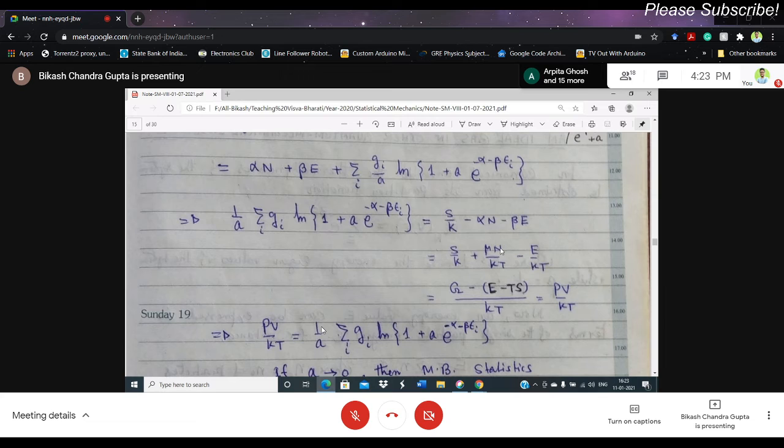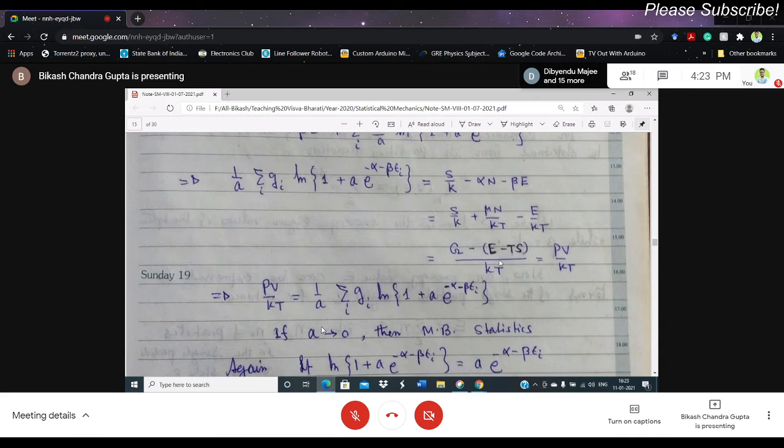And G is mu N, you know that, so this gives G minus E minus TS, and this is nothing but PV, right? We have already seen from thermodynamic relations. So this equals PV by kT.